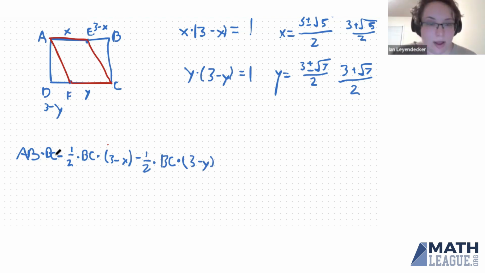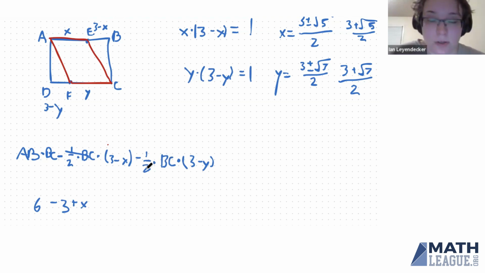If we simplify this out, substituting in AB and BC for 3 and 2 respectively, AB times BC is 6. BC is 2, so 1/2 times BC is just 1, so minus the quantity 3 minus X, so minus 3 plus X, my apologies.